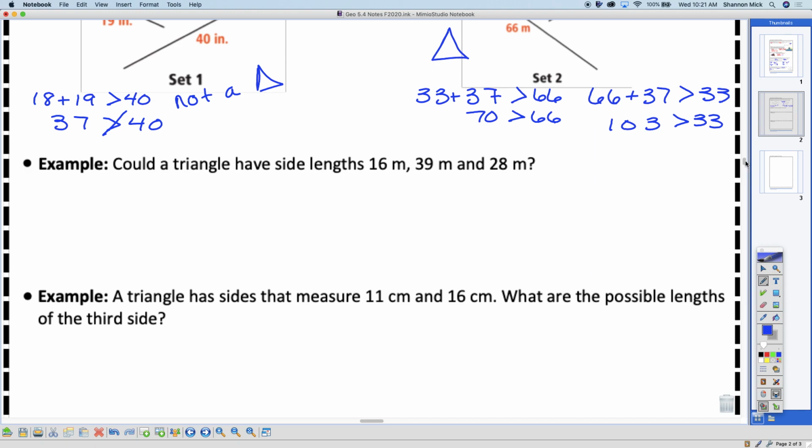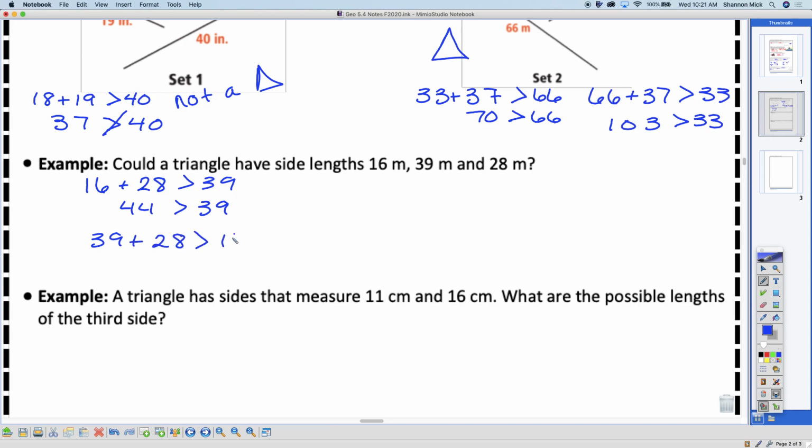So Connor, how did you prove it to me? I added 16 plus 28 first. Okay, so 16 plus 28 has to be bigger than 39. And so I get 44. Okay, and then how many problems should there be in total? 3. So would I have to add 39 to 28? Yep, you gotta go all of them.